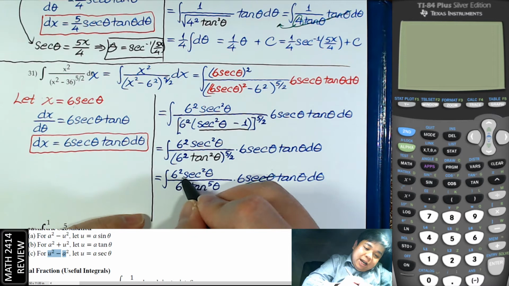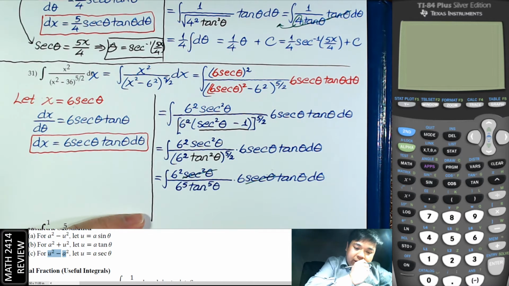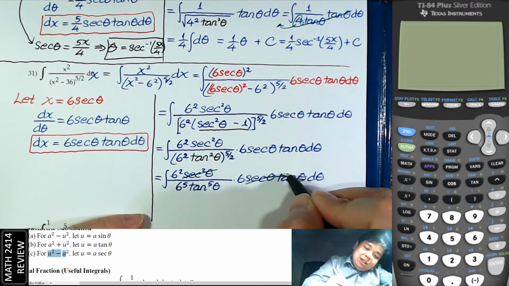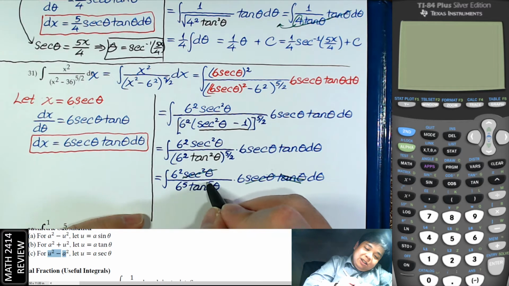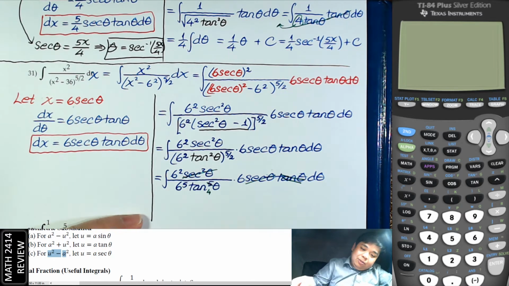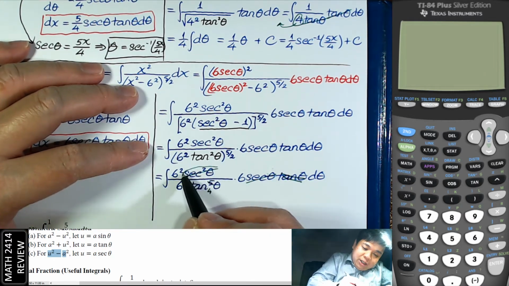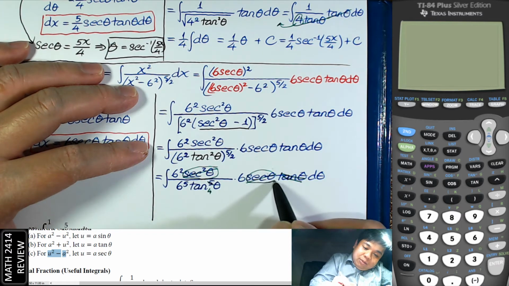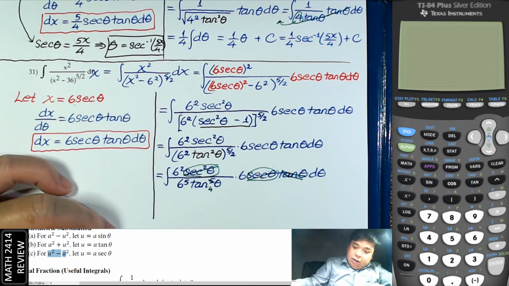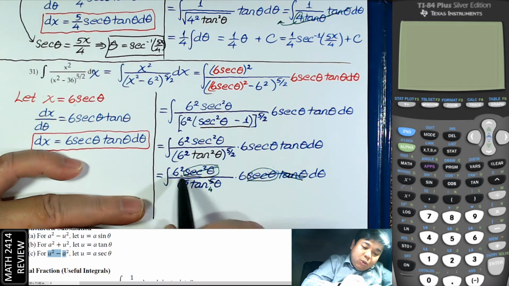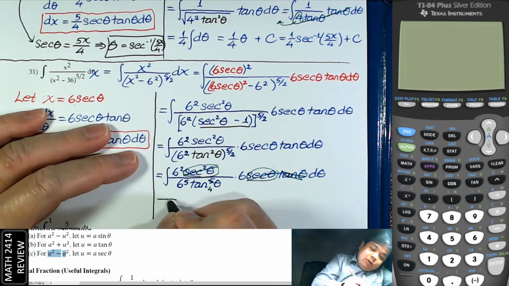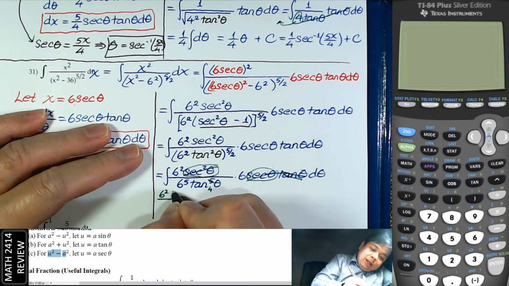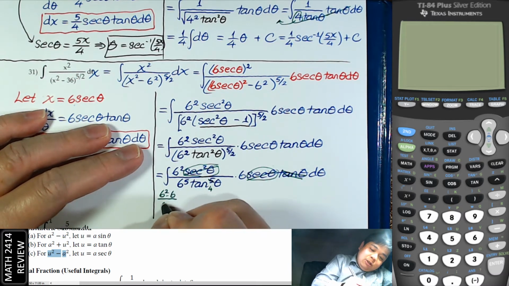Sorry, we cannot cancel like that. There's nothing at the bottom. Okay, sorry. We can only cancel the tangent. We do combine the secant squared and secant. In terms of coefficient, 6 squared and 6 on the top, and 6 to the 5th at the bottom.